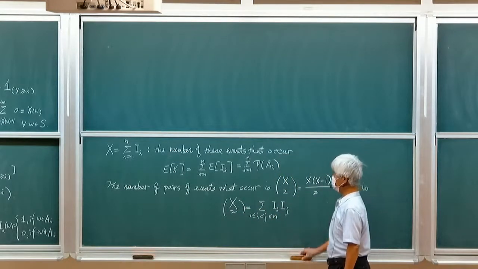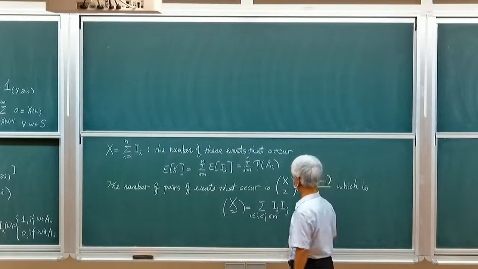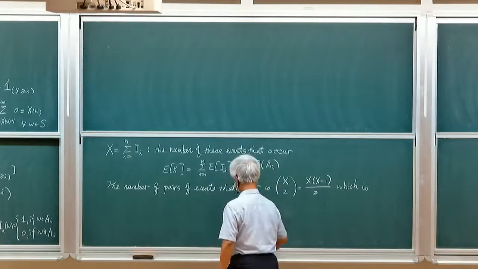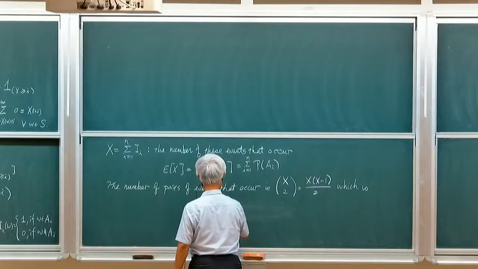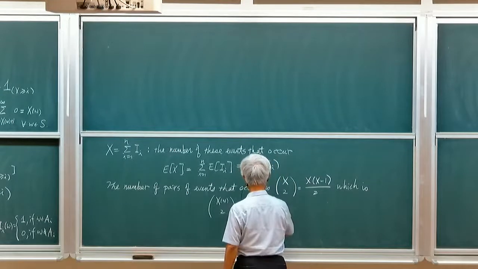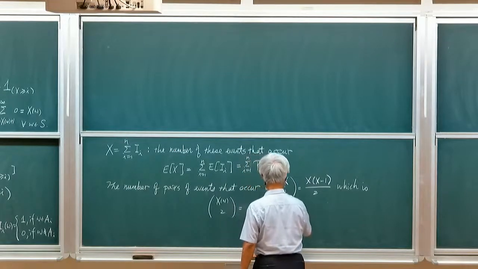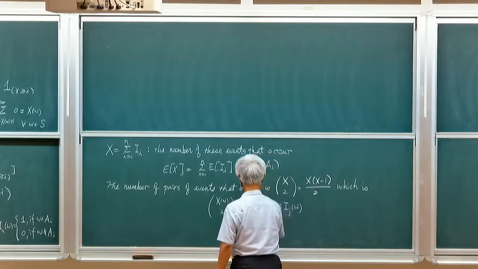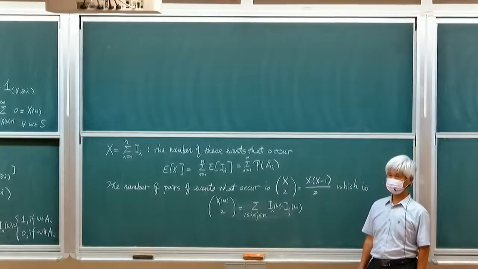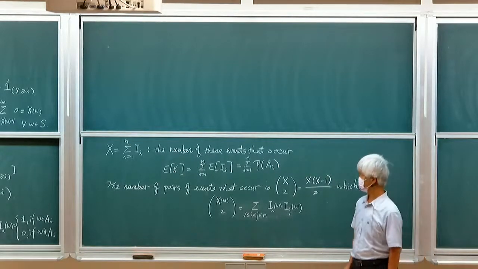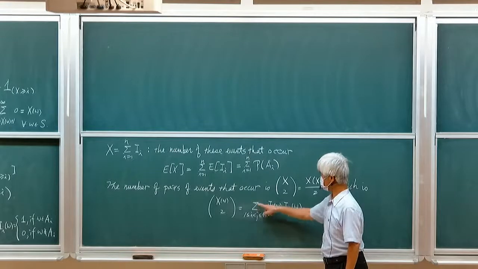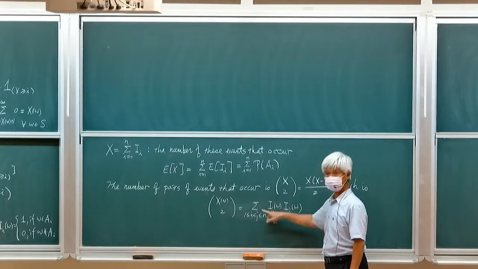If this is hard to understand, you may use this: this one is equal to the summation of indicator I_i(omega) times indicator I_j(omega). So that is the same. This is a sum, actually. How many terms do we have in this sum?